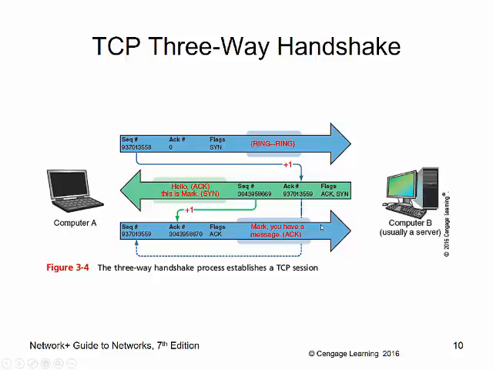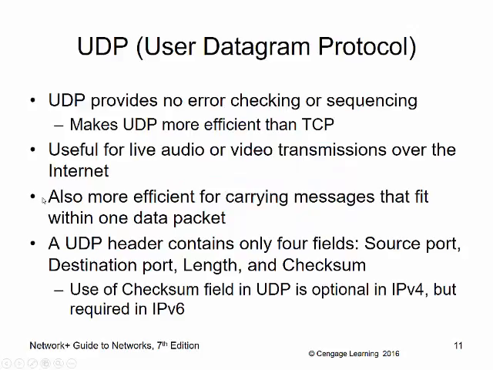Computer A says, okay, we're talking, we have a connection, so here comes a segment. And here comes a piece of data at you. And back and forth we go. This ensures me that all my data arrives there. If the receiving end is expecting a segment and doesn't get one, or computer A sent a segment and doesn't get delivery confirmation, then it'll resend that missing segment.